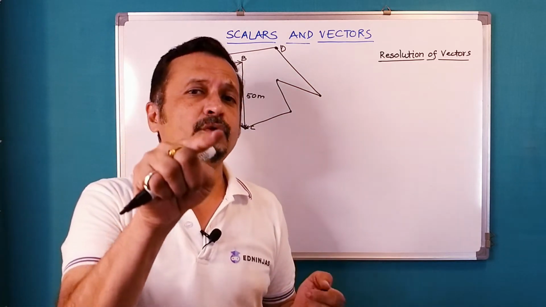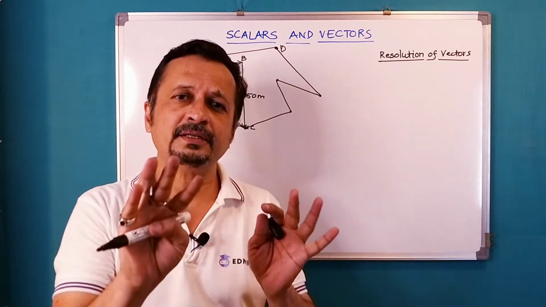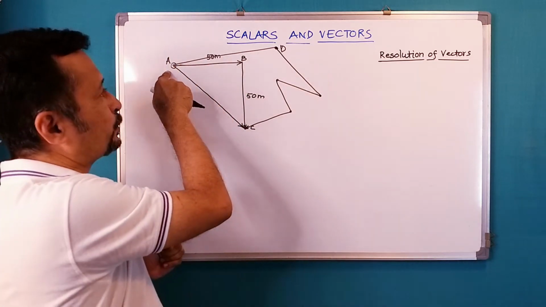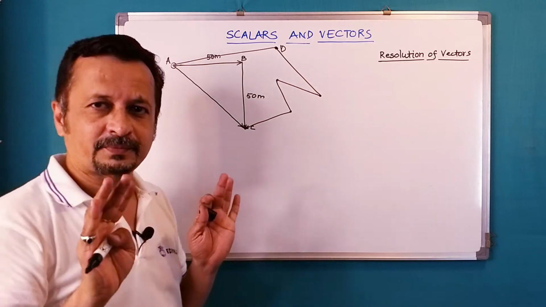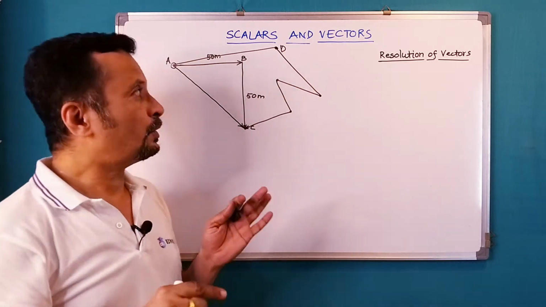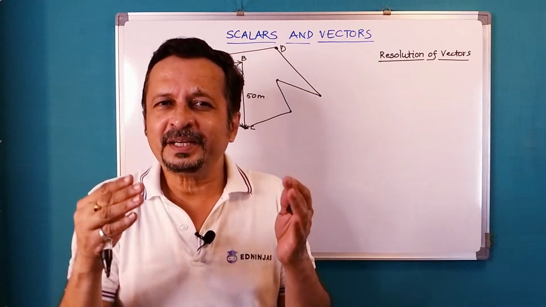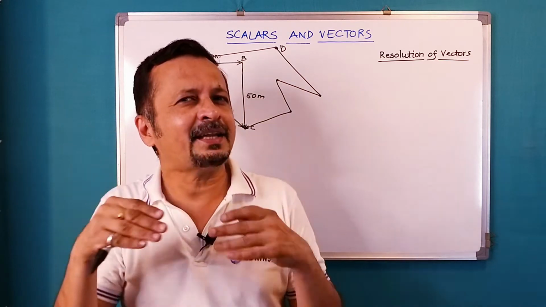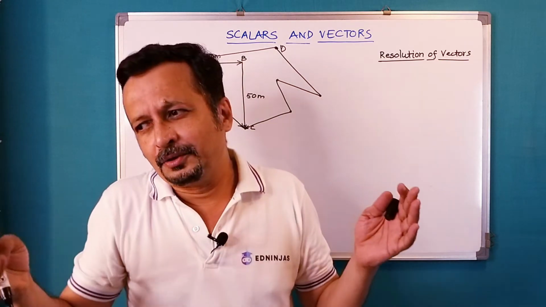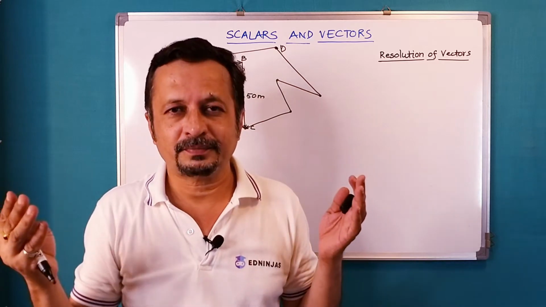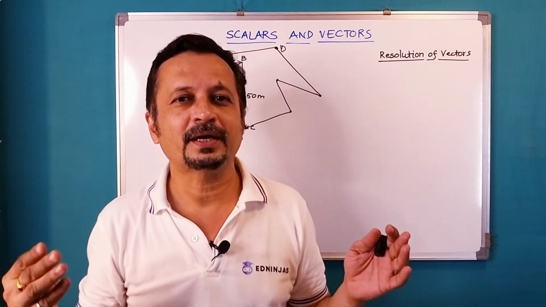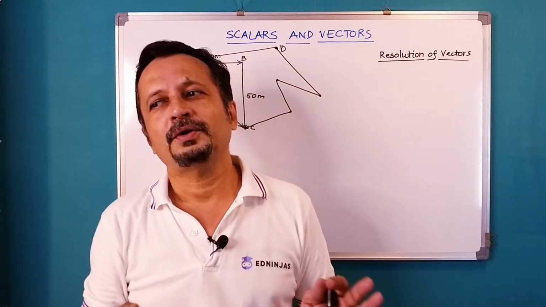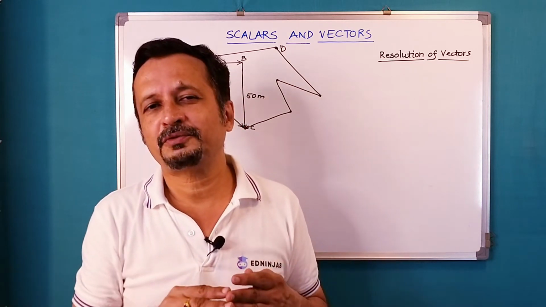But then what is the end result? End result is I was at point A initially, but then finally I reached point C. So this displacement AC can be broken down in any number of components, practically infinite number of components. But what would be the most convenient way of doing it?